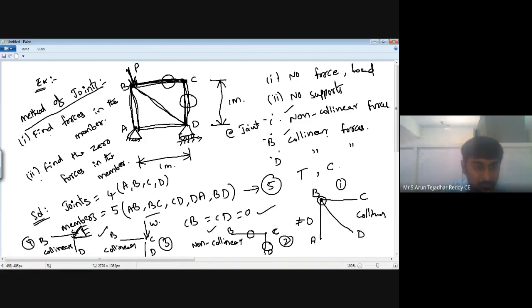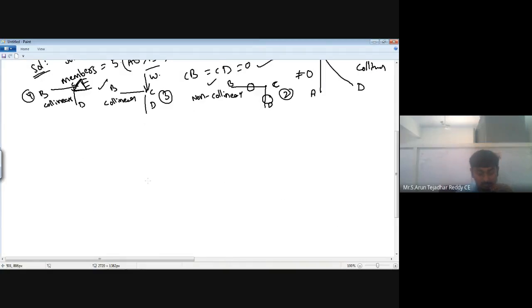Now first write down the zero forces. Here force is indicated as F. FCB is equal to FCD is equal to 0.